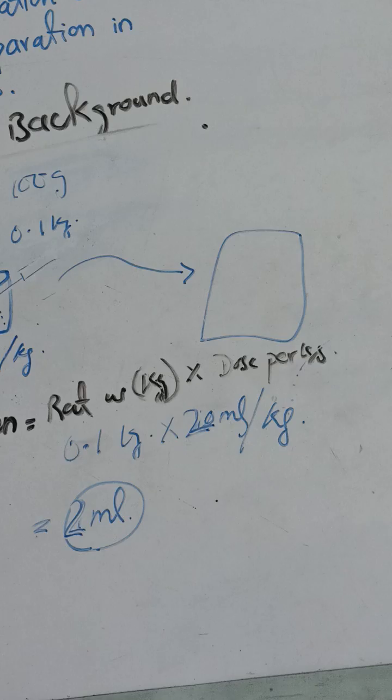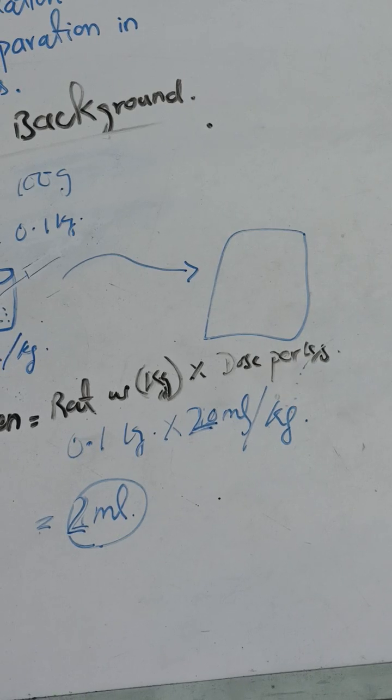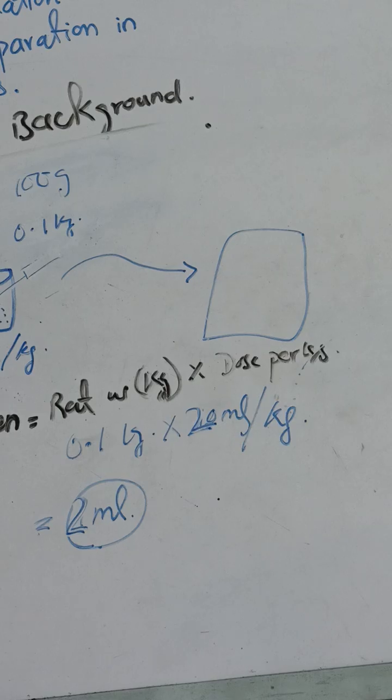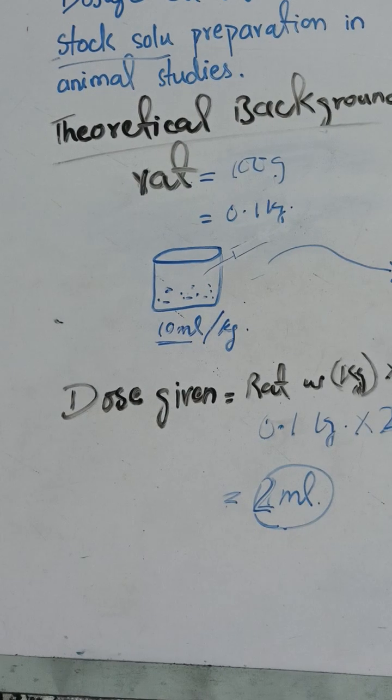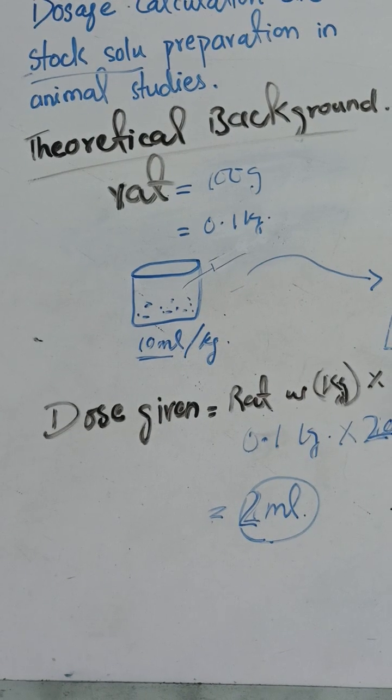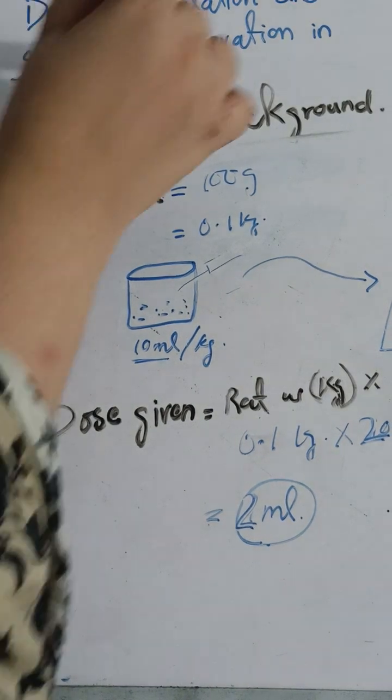Now we don't only have to give the dosage for him. So this is the 2 ml of the drug that you will give to him, right? Now we have to calculate how many mgs of the drug we have to give. Actually, why are we preparing the stock solution here? Why can we not give just the tablet to the rat?